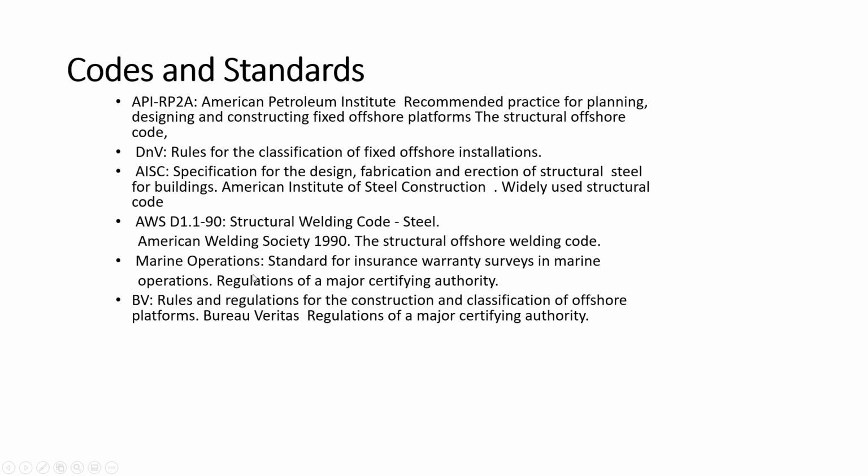And then marine operations such as marine warranty will come into play for insurance purposes. Companies like LOC and BV will come into the picture on this scope. We also follow some of the BV and DNV guidelines for construction and installation of the jackets.